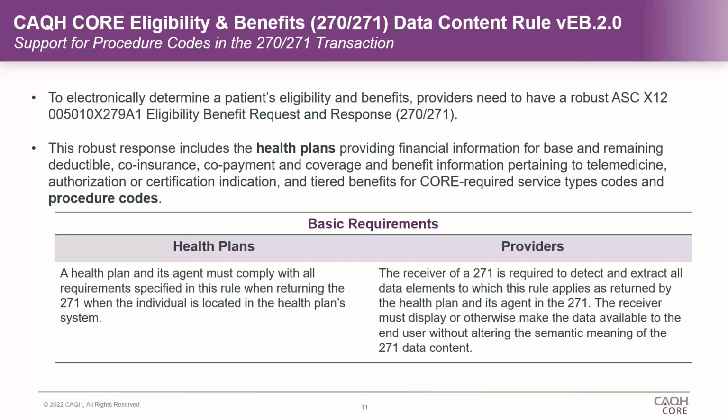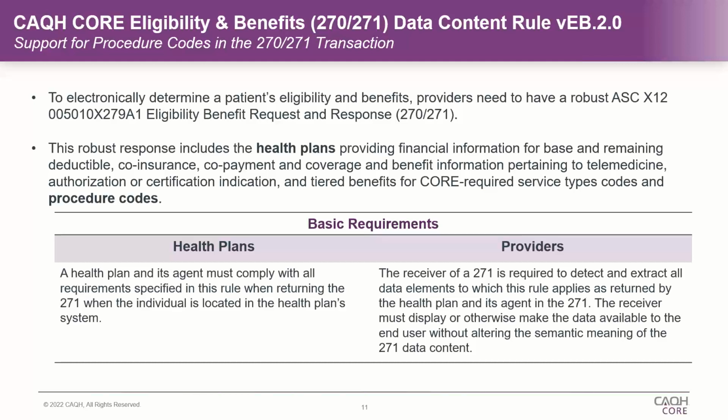And with that, if you don't support procedure codes and you can't determine benefits and there's no other information that you can return with a procedure code, you would technically, like Bob said, treat it like you received a 30. The same goes for any service type code that you really can't support.